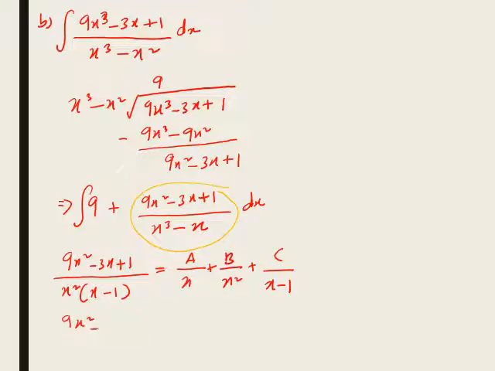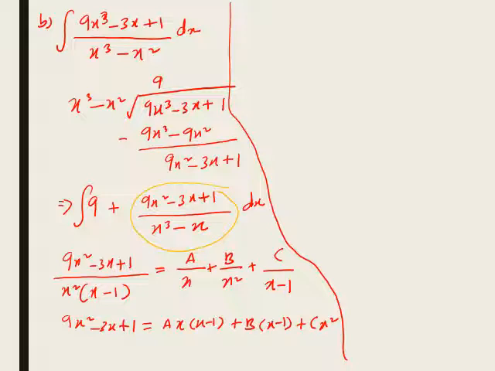So 9x squared minus 3x plus 1 is equal to Ax(x minus 1) plus B(x minus 1) plus Cx squared. Okay, so I think we better expand everything. So it will be 9x squared minus 3x plus 1 equals Ax squared minus Ax plus Bx minus B plus Cx squared.